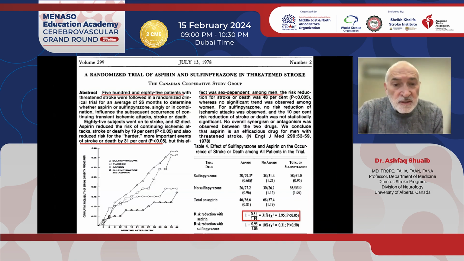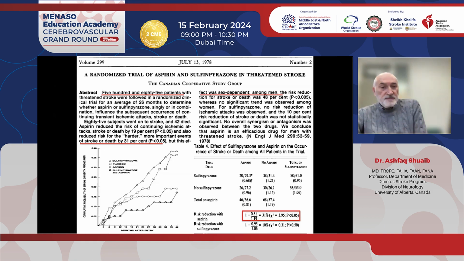You can see that whether it's aspirin, the bottom line, or aspirin plus sulfinpyrazone, they're more or less the same. If you use sulfinpyrazone alone or a placebo, they're up there. So clearly, for the first time, a randomized trial showed that aspirin was great and that adding sulfinpyrazone did not help.